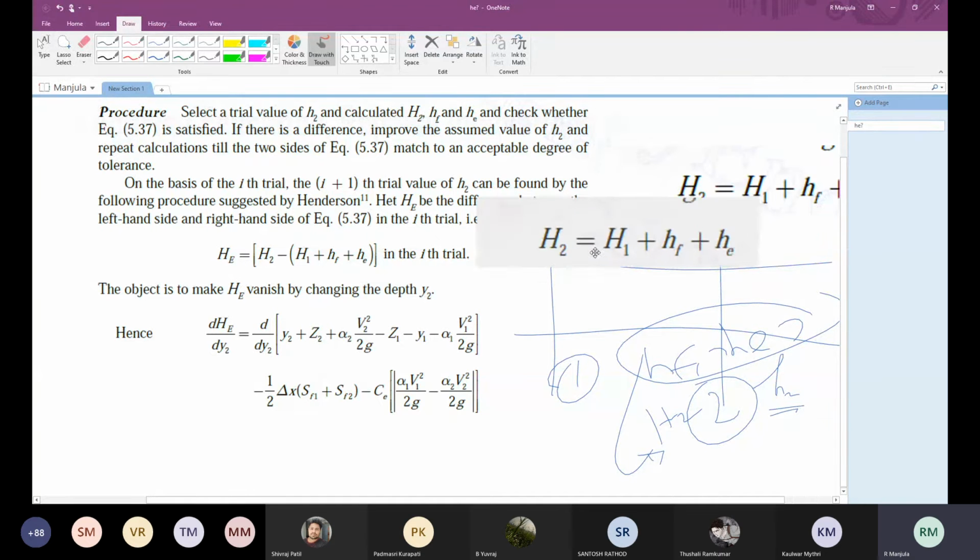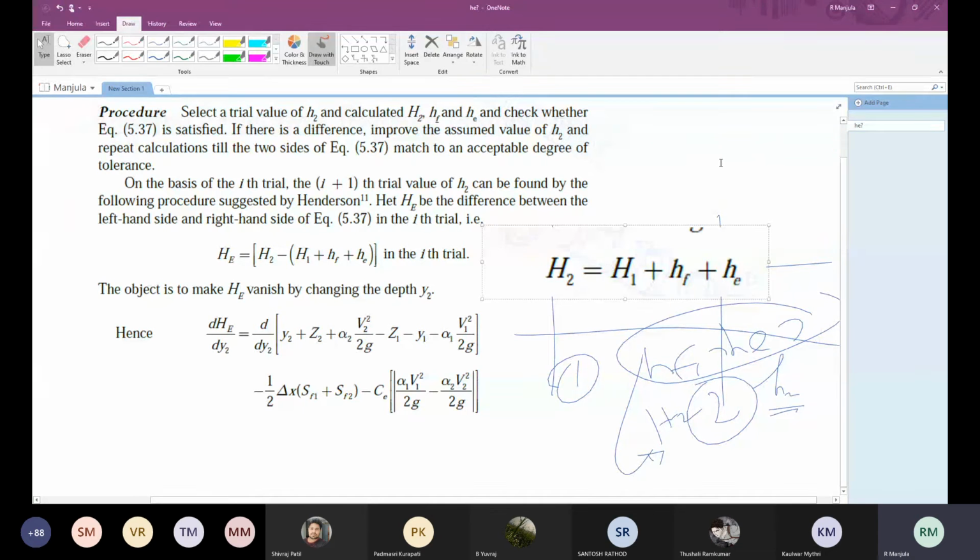H2 is equal to H1 plus HF plus HE. So H1 plus HF plus HE must be equal to your H2. On the basis of the ith trial, you can try as many trials as needed by trial and error. You can change the value of H2. H2 can be found out by following the procedure.